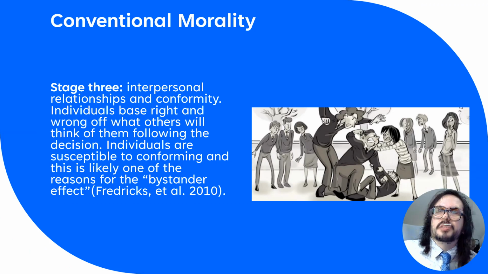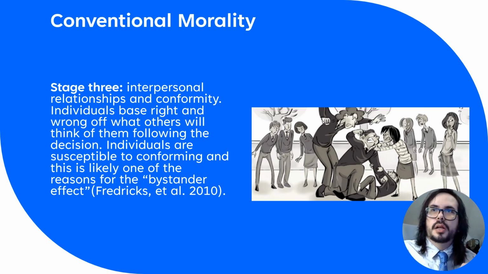And at least in the next stage, conventional morality, this is where interpersonal relationships are driving the motivation on what someone thinks is right and wrong. They base their sense of morality off of what others will think and how they will react to what I do or don't do in a certain situation.